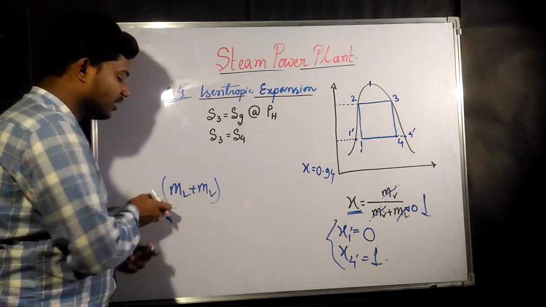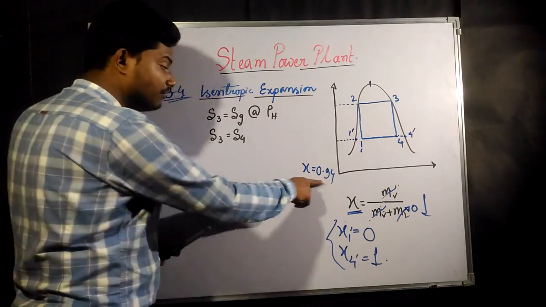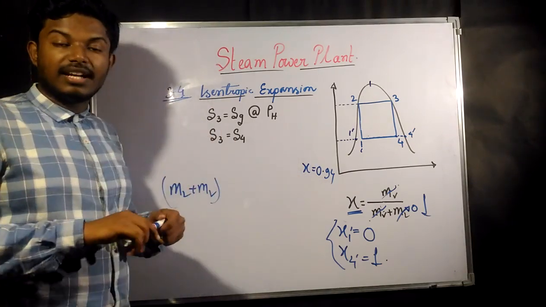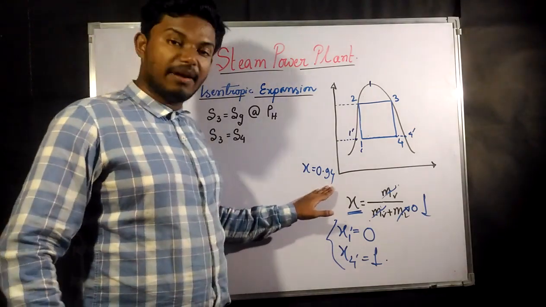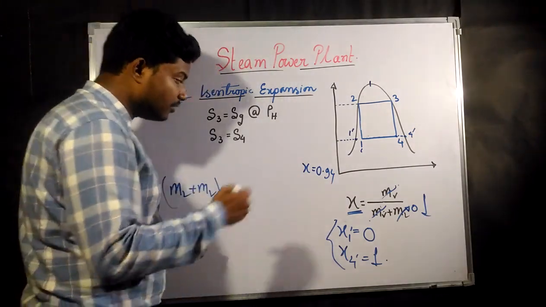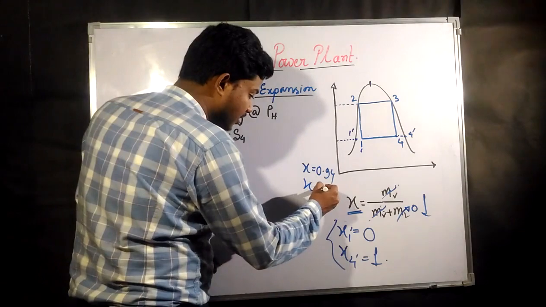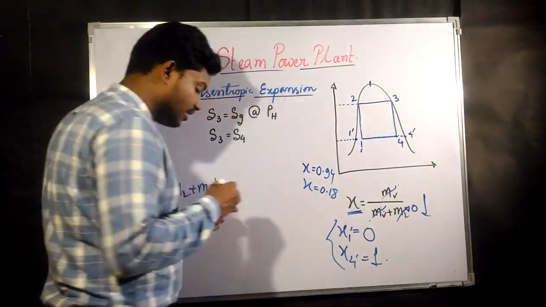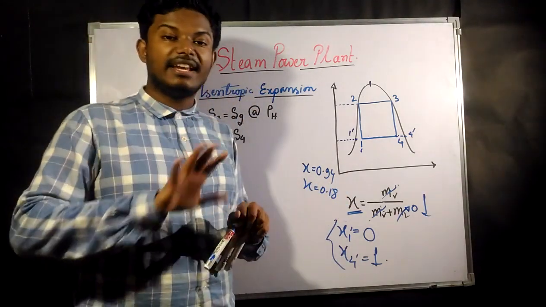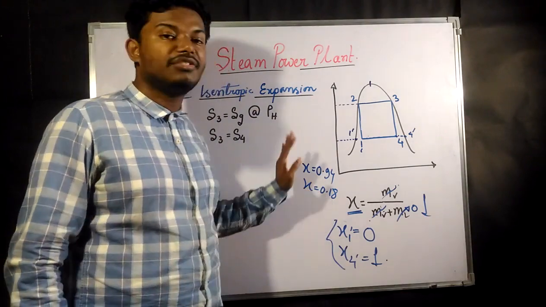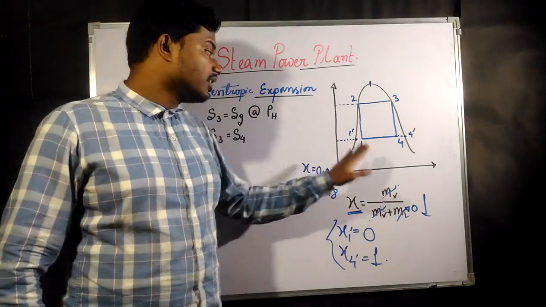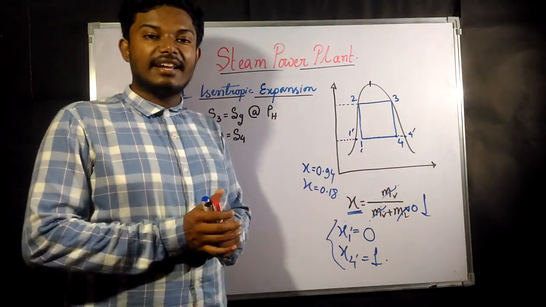Among this total mass, 94% is going to be vapor. Now if the dryness fraction is 0.18, then the quality of steam is very low. Only 18% of it is vapor. So this is our dryness fraction.